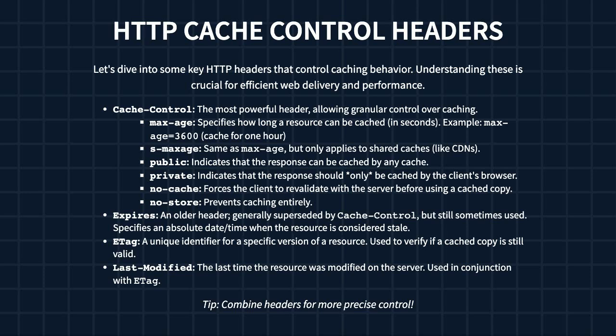Public means anyone can use the cached version, while private means only your browser should use it. Then we have no cache and no store, which tell the cache to not use the resource at all. Older headers like expires are still around, but cache control is generally preferred now. And finally, e-tag and last modified help verify if a cached copy is still current.